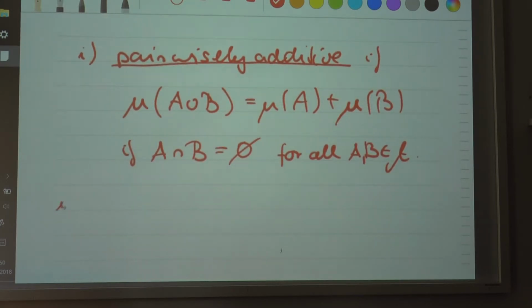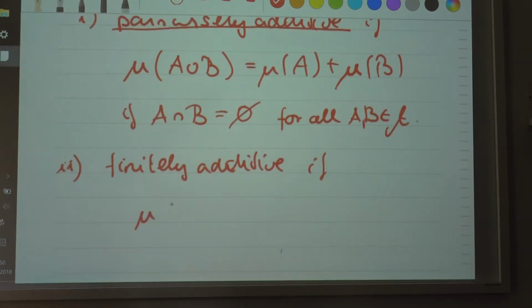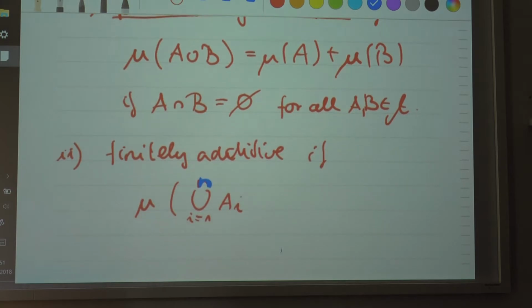The next definition is a so-called finitely additive function. A function is called finitely additive if the image of a finite union of pairwisely disjoint sets, where n is a finite number, guys, you see, that's why I'm putting more emphasis on it, so n is a natural number which is finite here, the image of a finite union is equal to the sum of the images.